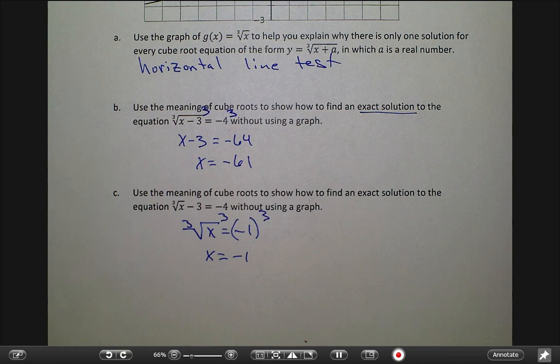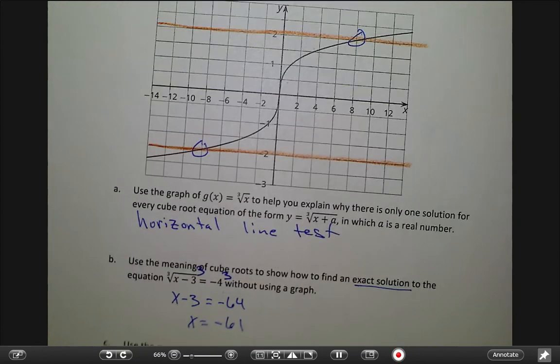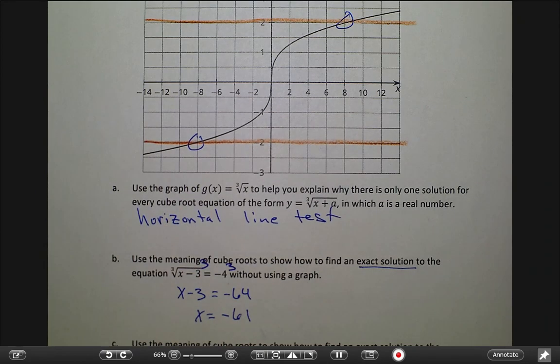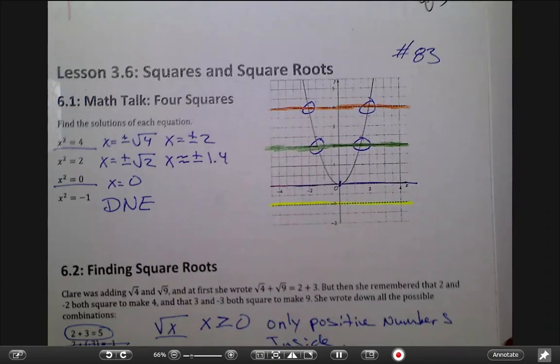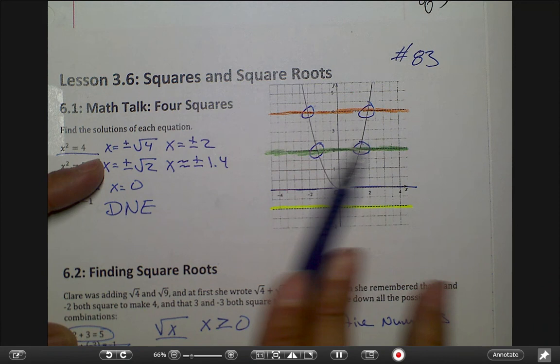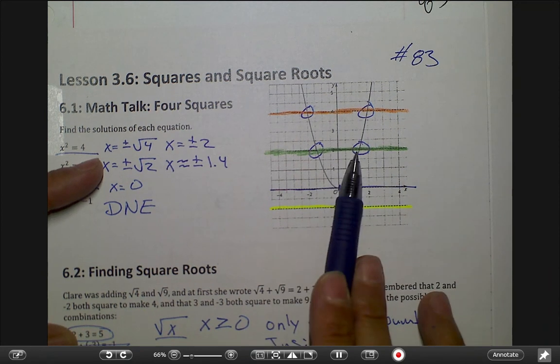A. Okay, so A, the horizontal lines. So that's why I showed you this one also. This one, if I draw a horizontal line, it only crosses my function once, right? Here's an example of a horizontal line that crosses more than once. So on this one, I have 2 answers.